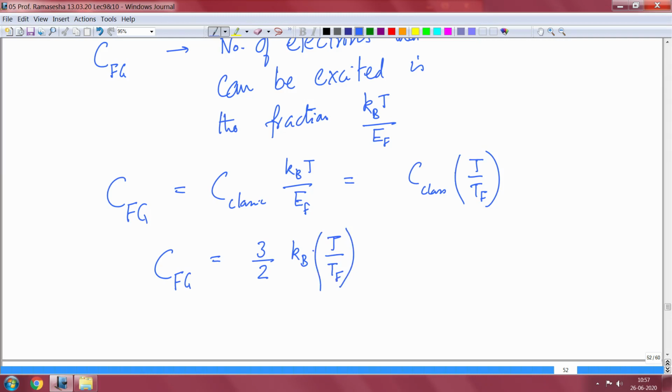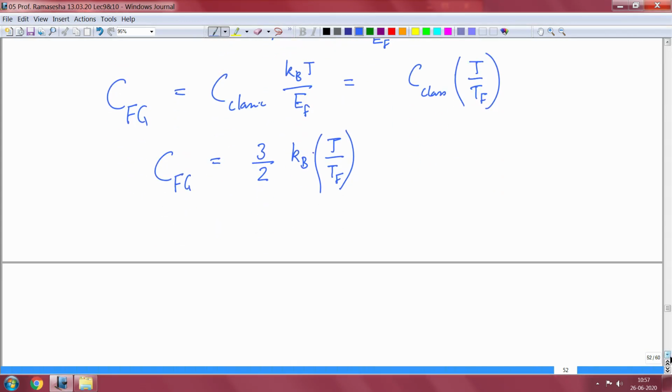Now let us see whether this result really holds up when we do a more exact calculation. It is a very simple calculation to do. First of all, we find the energy difference delta E at a finite temperature T and at 0 temperature.